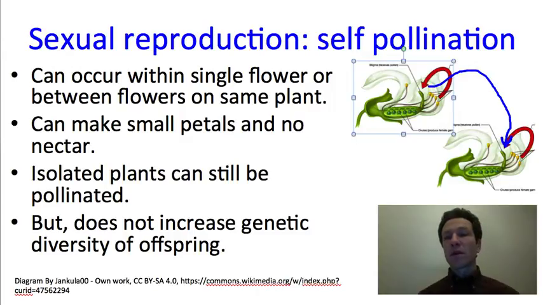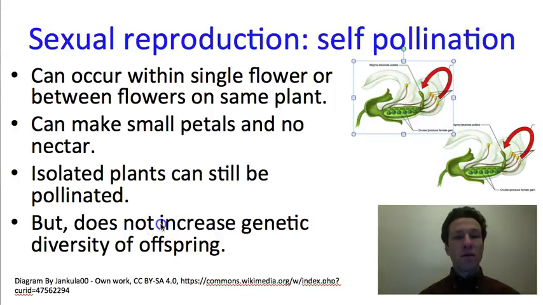Even though they're sort of different looking, genetically these are the same situation. It doesn't really matter genetically whether the pollen moves within a flower or between flowers on the same plant, because these two flowers on the same plant are genetically identical anyway. So whichever of these two ways self-pollination happens, there is going to be no increase in genetic diversity.